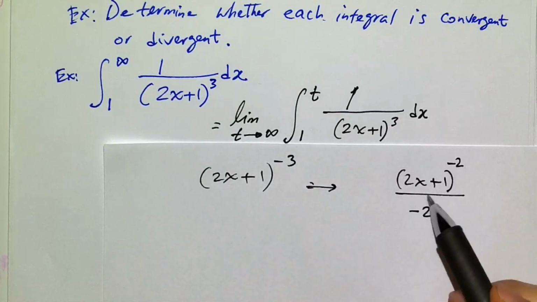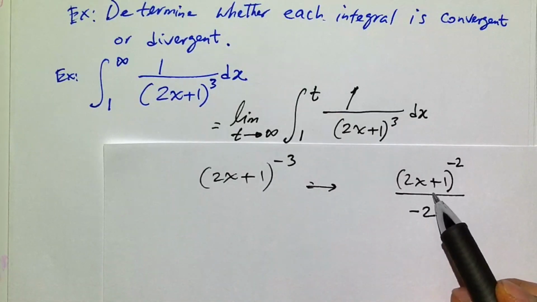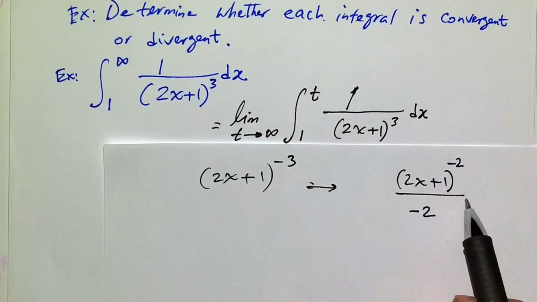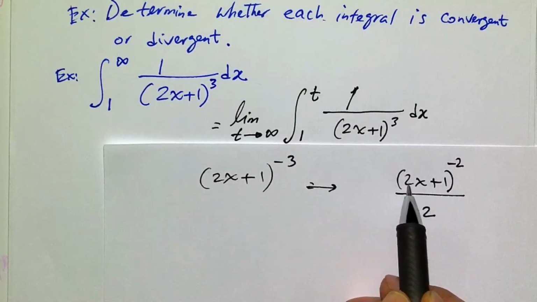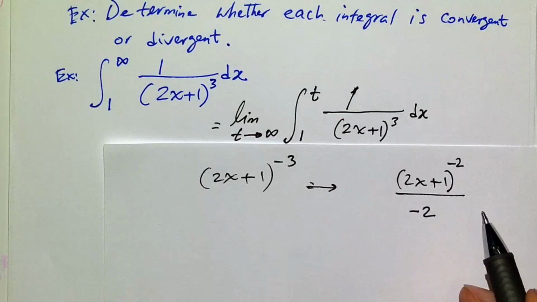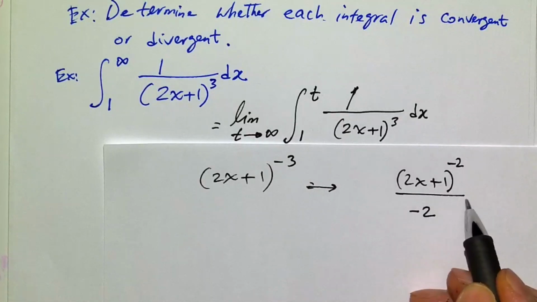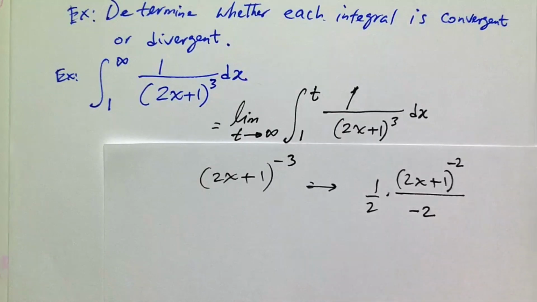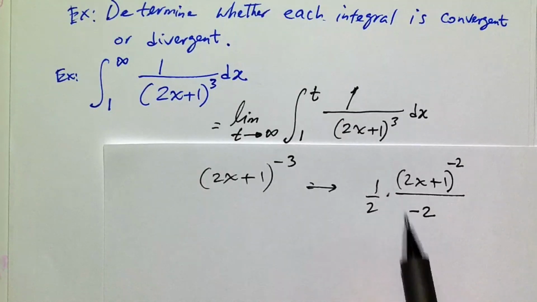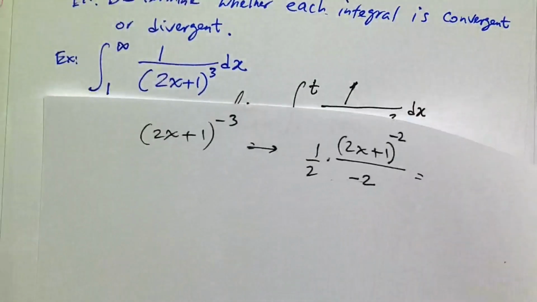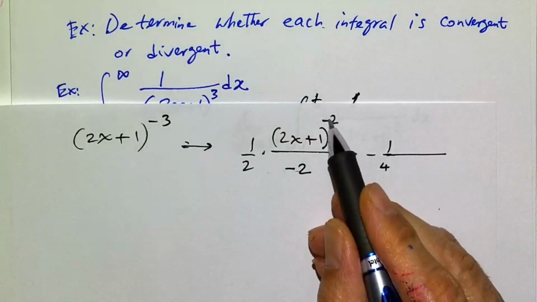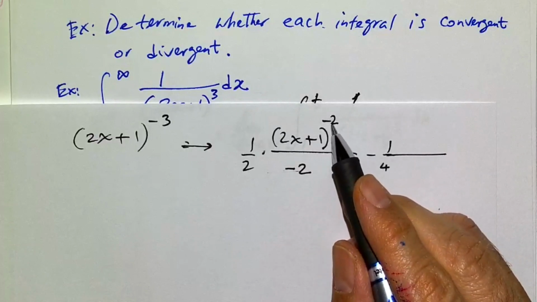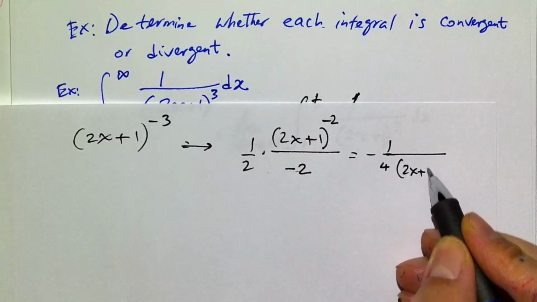But because of the chain rule, the derivative of this would have multiplied by 2 from inside the parentheses, so we need to divide by 2 to get rid of that. So this would be minus 1 over 4 times that. So we end up with minus 1 over 4, and putting this in positive power form, (2x plus 1) squared.